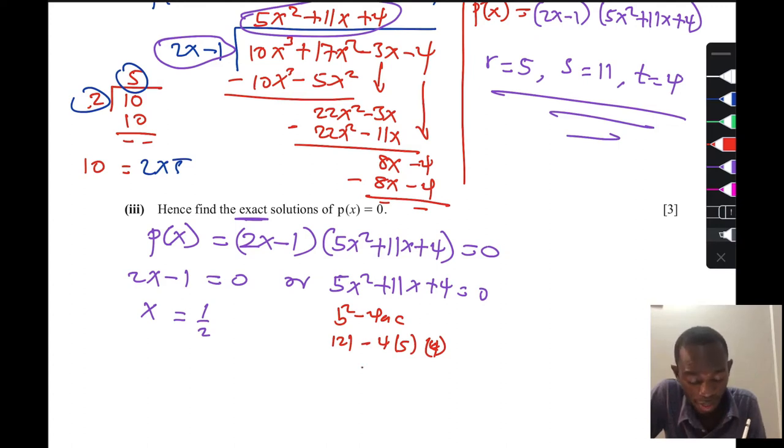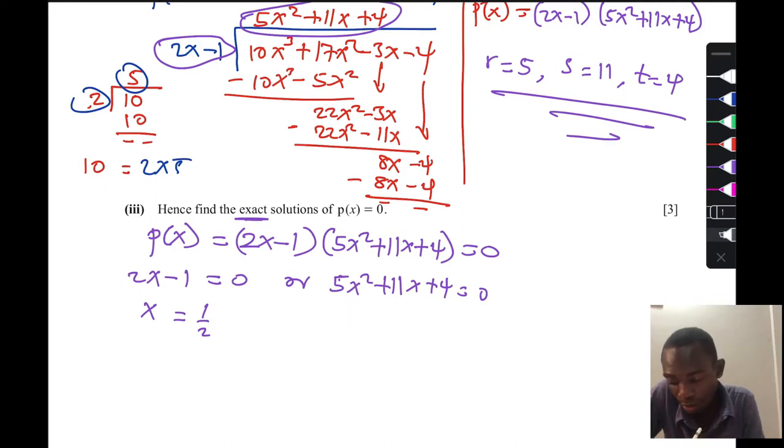So our answer is 41. So this is greater than 0. It could be solved. So let's give it a try. But unfortunately, we cannot use the factorization method to solve this. So it will be better for us to use the quadratic formula.